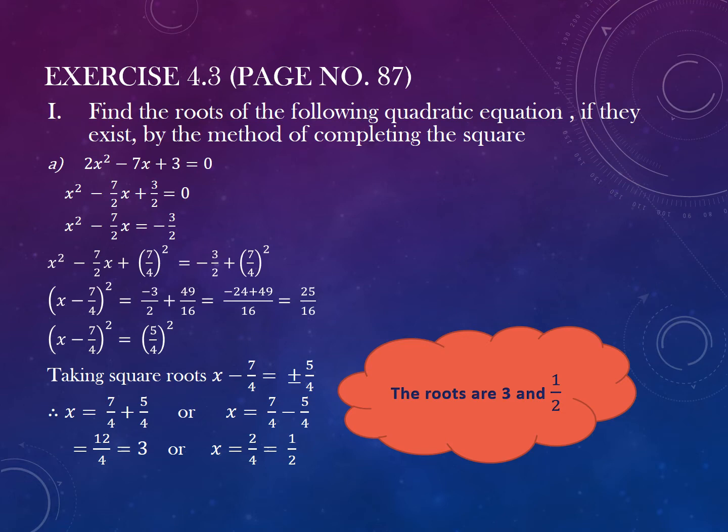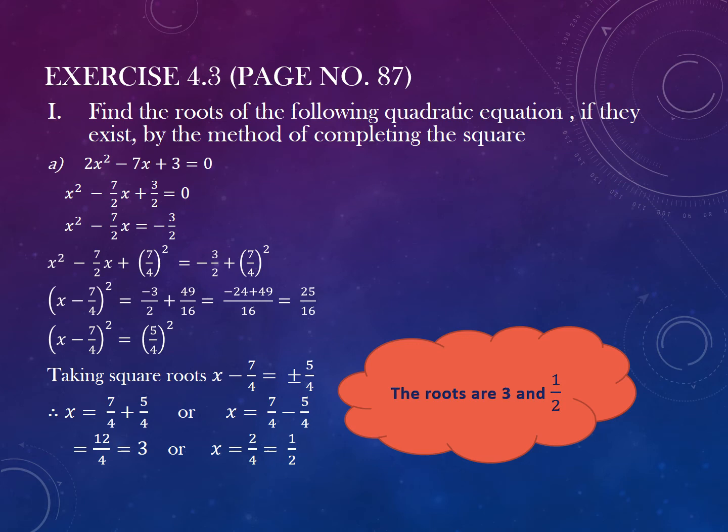We can write it as 7 by 4 whole square, and this 7 by 4 whole square is added to both sides of our equation. Our equation is rearranged as x square minus 7 by 2x plus 7 by 4 whole square equals negative 3 by 2 plus 7 by 4 whole square.